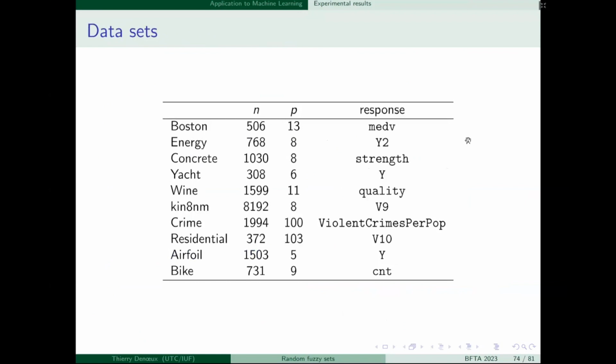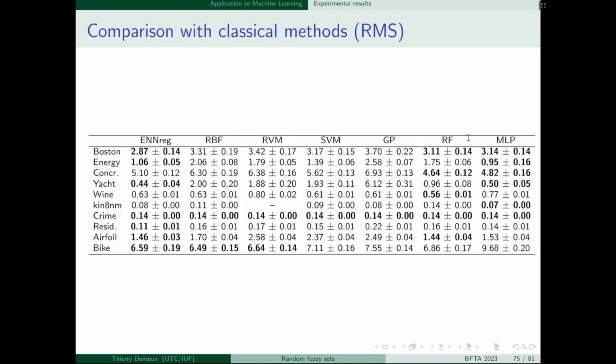These are some data sets which are frequently used to assess the performance of regression methods. Here I compute the root mean squared error, just the accuracy, using only the mu of x, because it's good that it quantifies uncertainty well, but it should also predict well. Here is the root mean squared error with some standard errors.